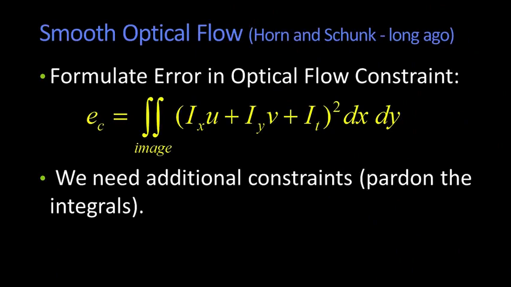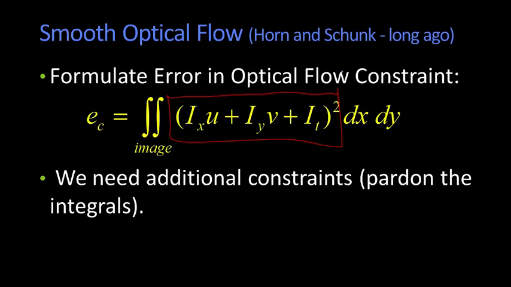Long, long ago in a galaxy nearby, Berthold Horn and Brian Schunck did some work on what was called smooth optical flow. Basically they said, let's try to come up with an optical flow that minimizes some error. The first part of the error is how much we violate the brightness constancy constraint equation.